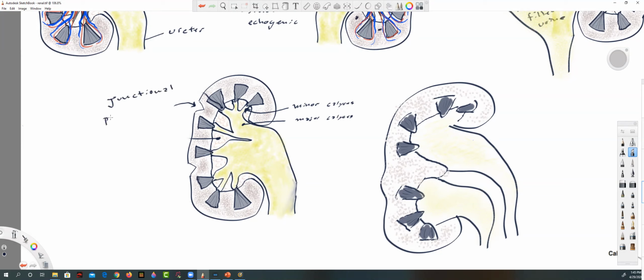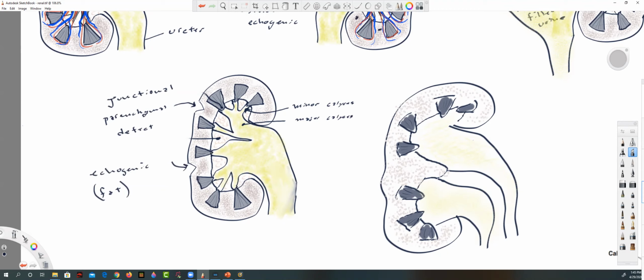Junctional parenchymal defect. They will be echogenic because they got filled with fat. You can't just have a defect in the body and nothing's there. There's always something there. In this case, the kidney is surrounded with fat. Fat will fill the space here, and more often than not, it will be echogenic. So these are not unusual.